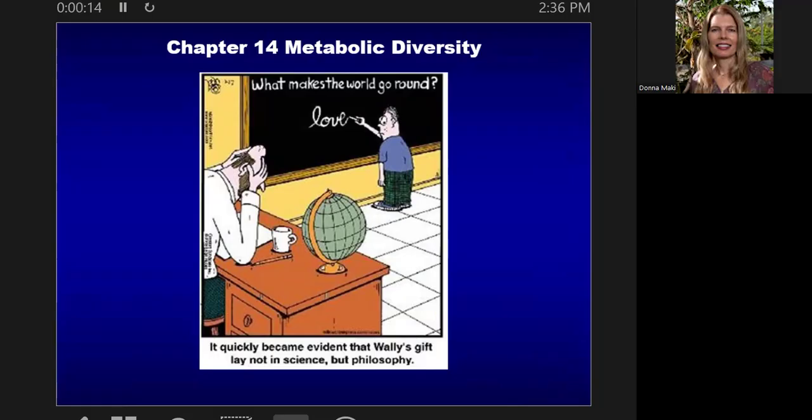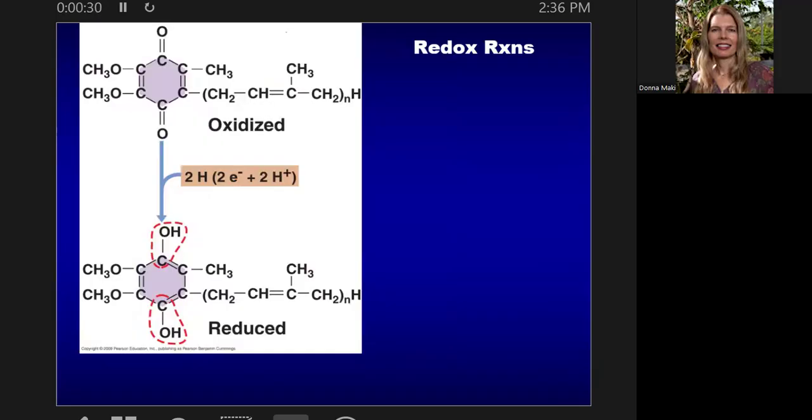All right, so the next thing we got to get into is redox reactions. How many of you have had redox reaction concepts in some other class? Probably a little bit, maybe in Chem 112. If you're in biochem, I'm sure you're getting it. I don't know about you, but when I was first learning this, it was a head scratcher in the sense that they always tell you that electrons are transferred.